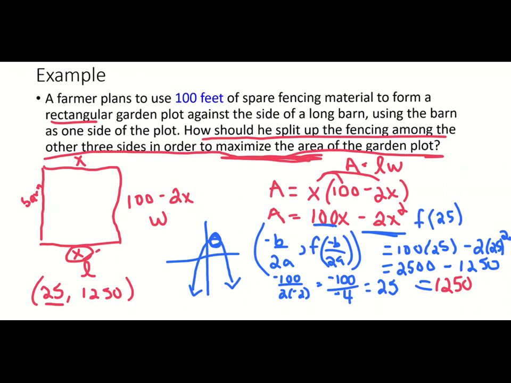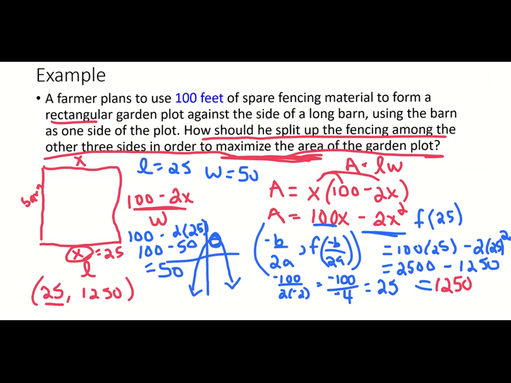And then over here, the width, since we already know x, is 100 minus 2 times 25, or 50. So the width is going to be 50. So the length is equal to 25, and the width needs to be 50. So you need 2 25 sides and 1 50 side.